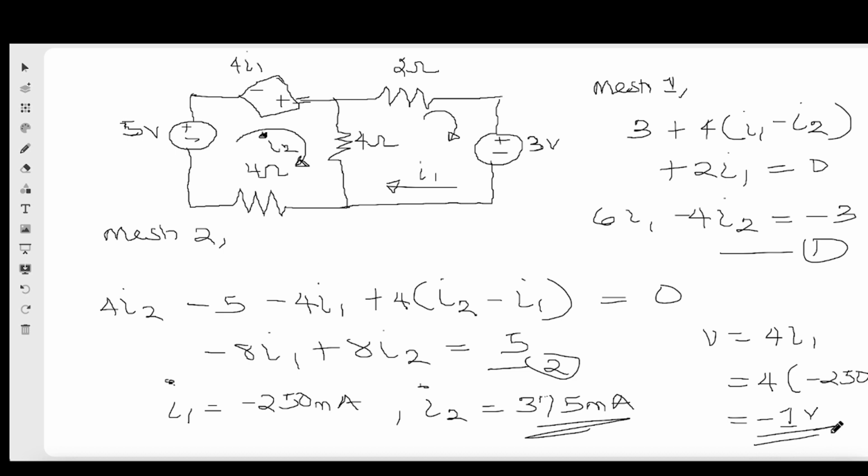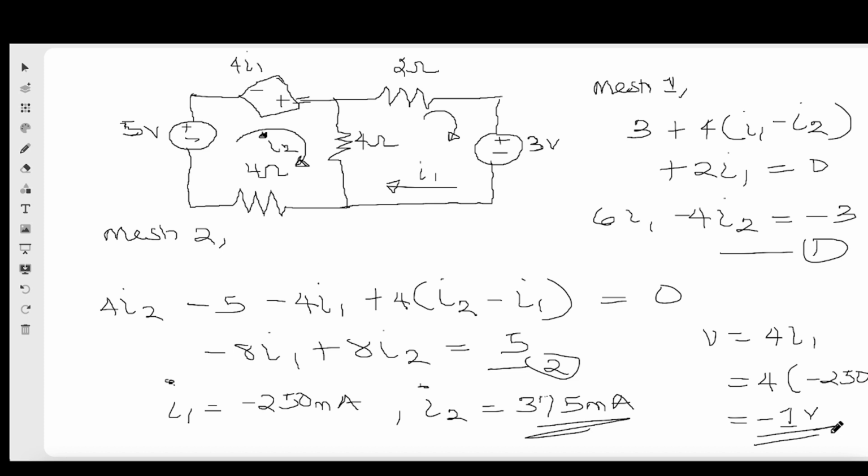That's the voltage of the dependent source. That is as simple as that. I hope you understand. So the steps once again: determine if the circuit is a planar circuit. If it is a planar circuit, you can apply either mesh analysis or node analysis. But if it is a non-planar circuit, perform node analysis instead.